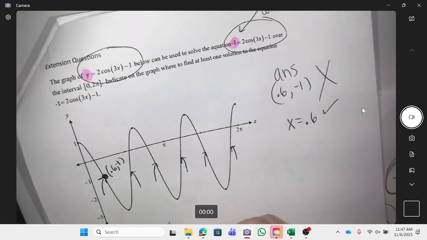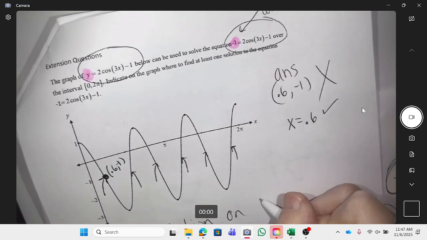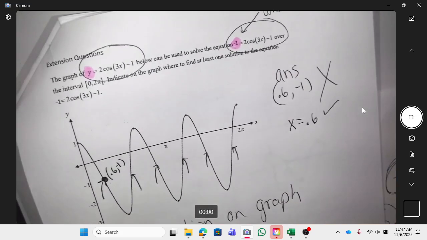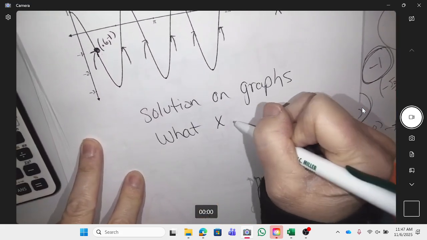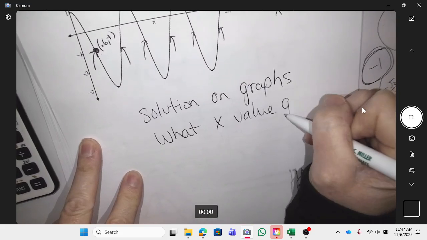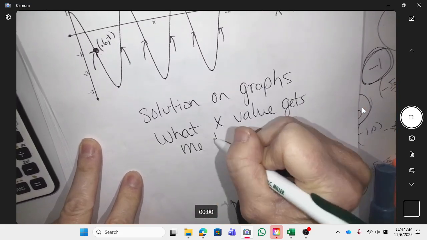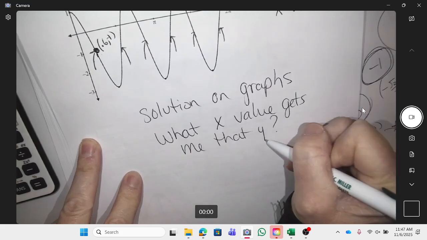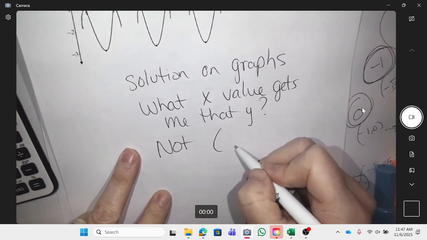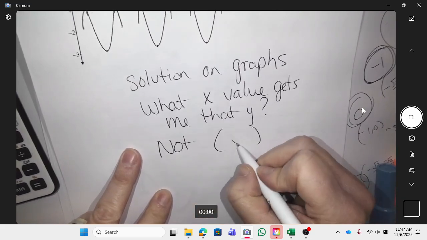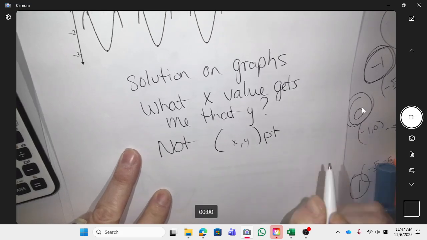The solution on graphs: what x value gets me that y. You don't write a point.